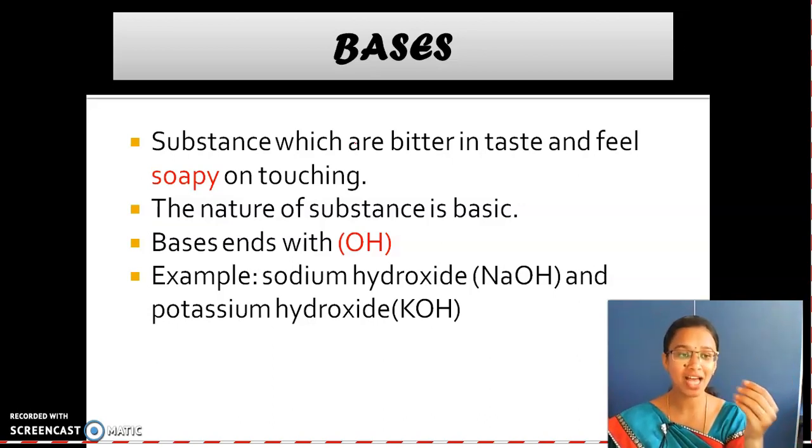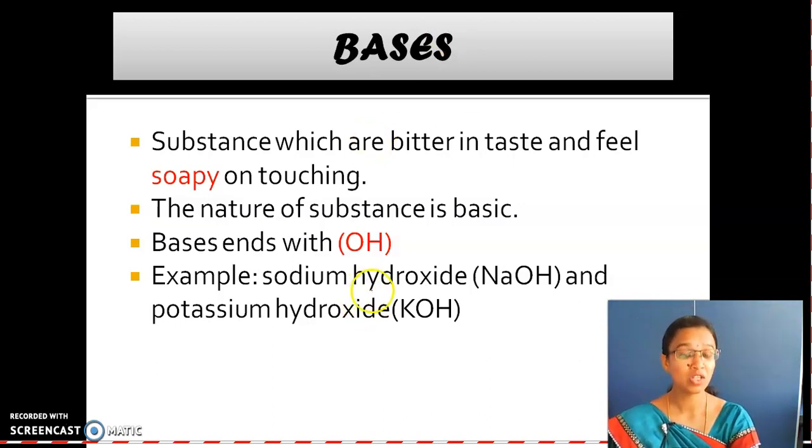The bases also have a bitter taste, but if you touch them, they feel soapy. And the nature of the substance is basic. One more important point, children, the bases always end with OH.